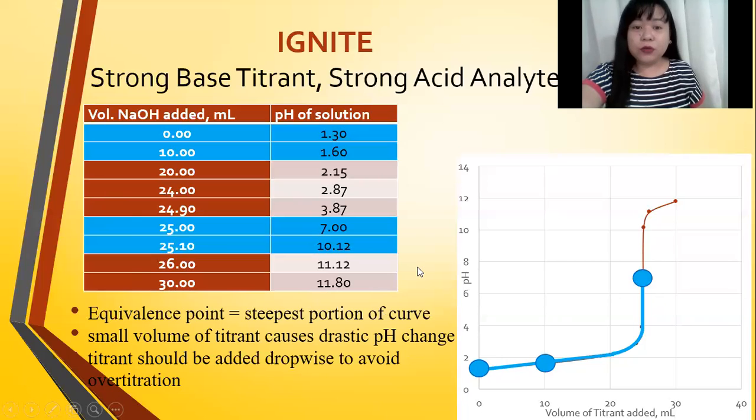But again, if we're going to do this in the lab, in most cases, we are more concerned with the pH of the analyte or with the initial concentration of the analyte. This is just an exception because we are studying titration curves and therefore more focused on the behavior of the pH at different stages of the titration. That is why we were already given an idea of the concentration of the analyte at the start of the titration.